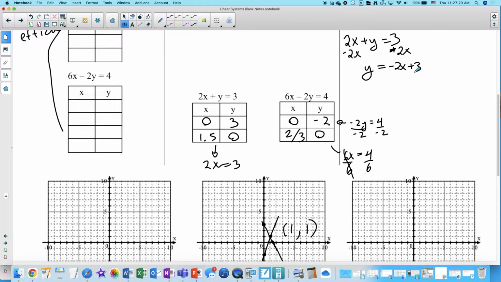Okay? And then for the other equation, how can I isolate y? Yeah, I can first isolate the y term. So I'll take away 6x, and I end up with negative 2y equals negative 6x plus 4.